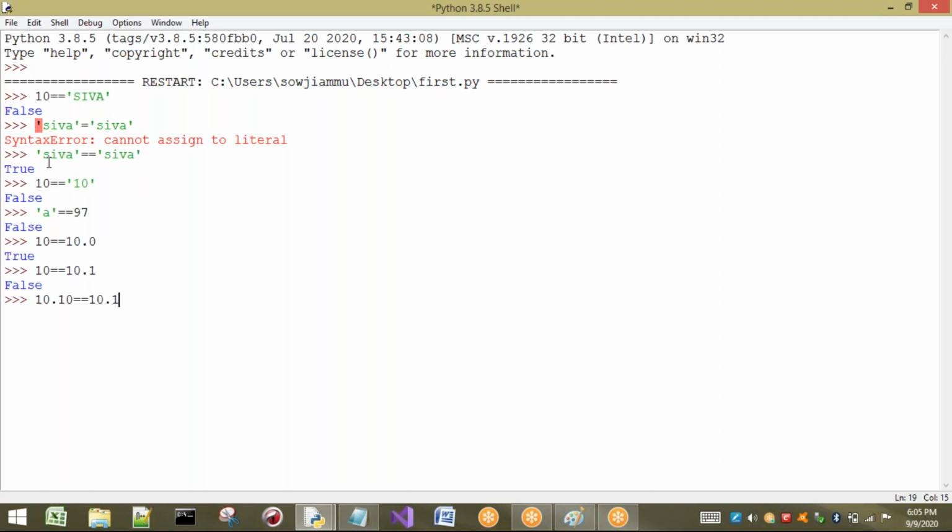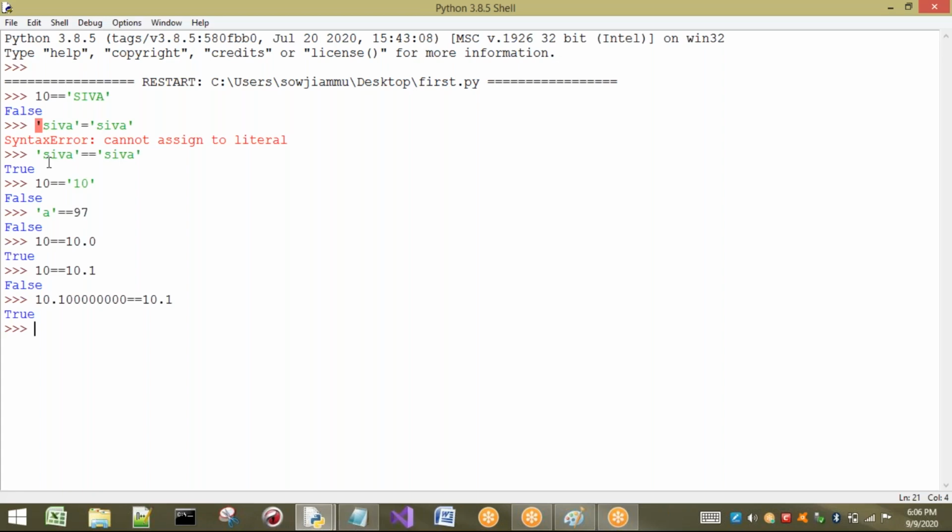But if I place zeros on the right side of the value which is before the decimal point, then there will be a value. Then it becomes 100, 1000, 10,000 and so on. But if you place zeros here, is there any value for this one? No. In the same way, n number of zeros here is nothing but one only. Both are the same. We are going to get true.